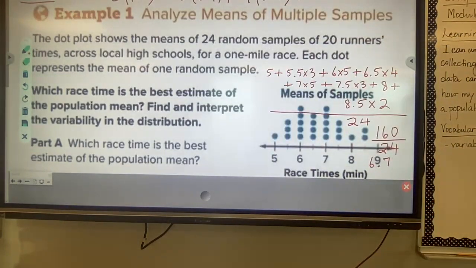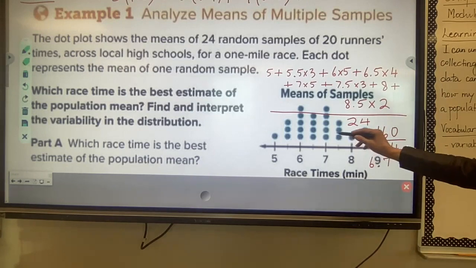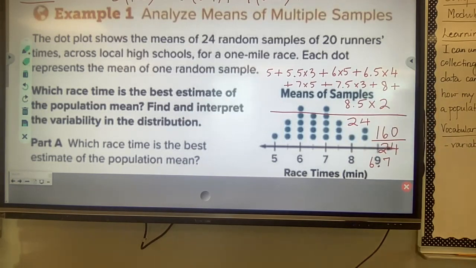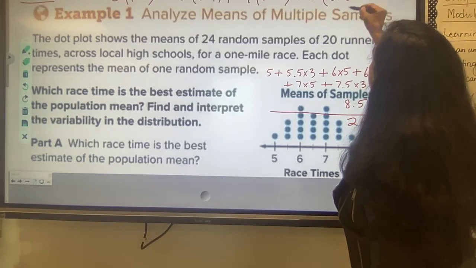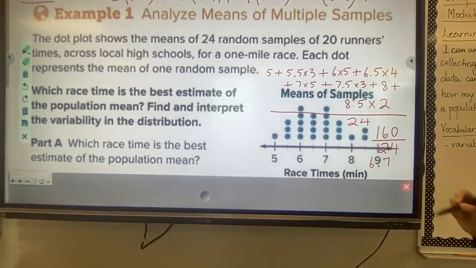Okay, let's look at how far is 7 from 6 and 7/10. It is just, we're going to look at this one, and this is just 3/10 away. Okay, so we have 5 times 3/10 over here.